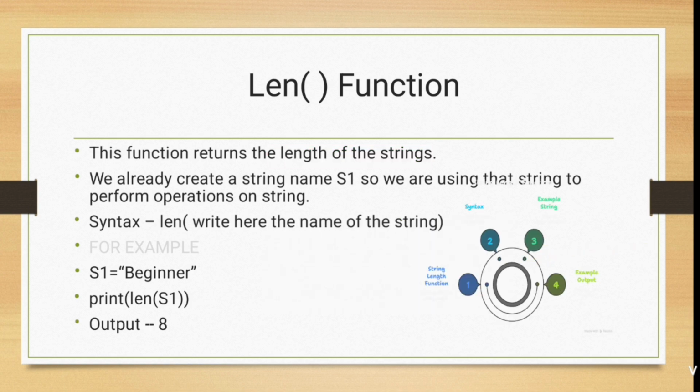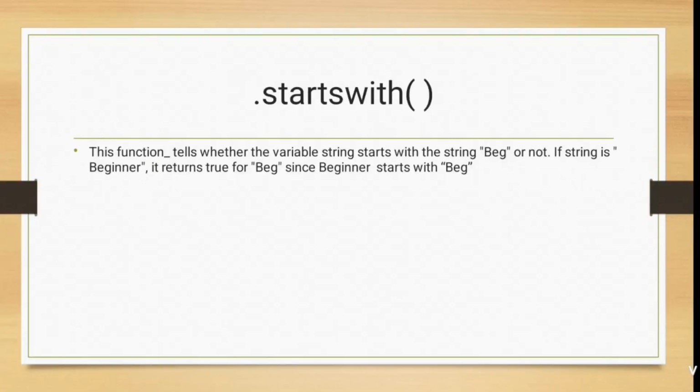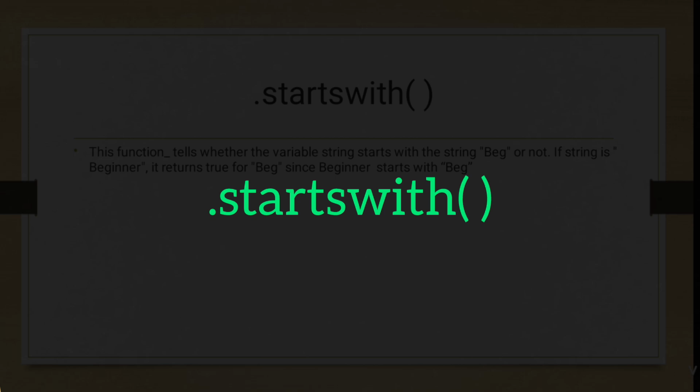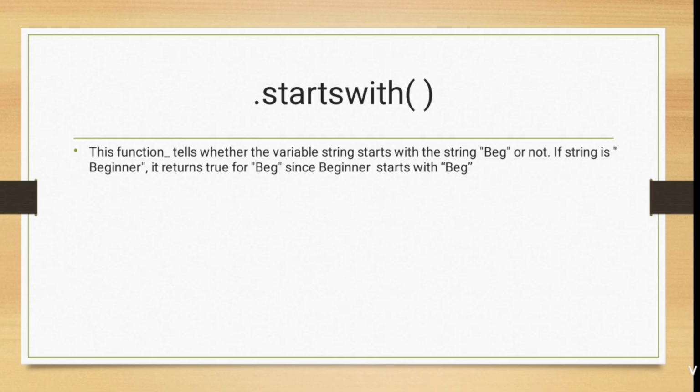Now this is the visual representation of len function. You can pause the video and watch it. The next function is dot startswith. Dot startswith function में क्या होता है? This function will check if your string starts with the given words that you gave in the parenthesis or not.